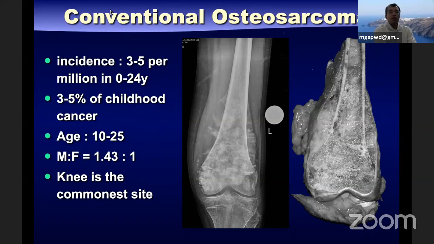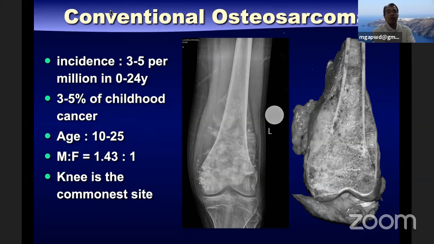The usual incidence is between 3 and 5, and most of the time we say it's about 4 or 4.4 in the age group of between 10 and 19, which is the commonest age at which you get an osteosarcoma. It comprises about 3 to 5% of childhood cancer, and because it happens more often in children, it's one of the more important varieties of childhood cancer.